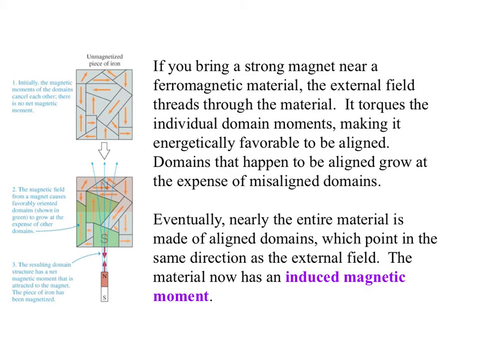Domains that happen to be aligned grow at the expense of misaligned domains. Eventually, nearly the entire material is made of aligned domains, which point in the same direction as the external field. The material is now said to have an induced magnetic moment. We've run into this word a couple of times, meaning this magnetic moment is because there's something outside orienting it. You might remember we had induced polarity in insulators with electric materials.